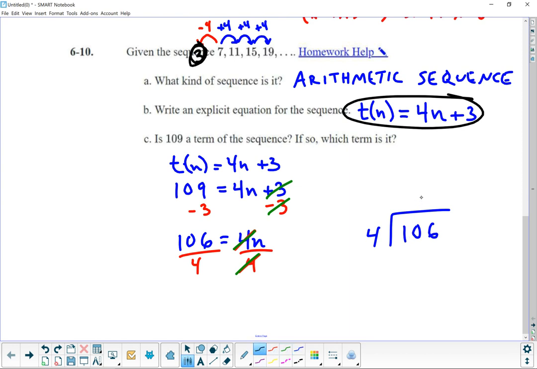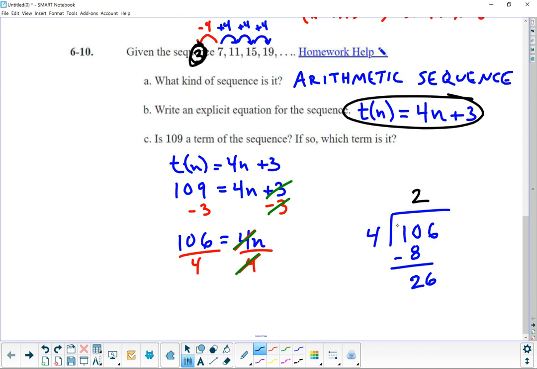So 4 into 10, that's 2 times. That gets you 8. Leaves you with 2. Bring the 6 down. 4 into 26. 4 doesn't go into 26. 4 goes into 24, and 4 goes into 20, and 4 goes into 28. But 4 doesn't go into 26. If I go 4 times 7, it's 28.